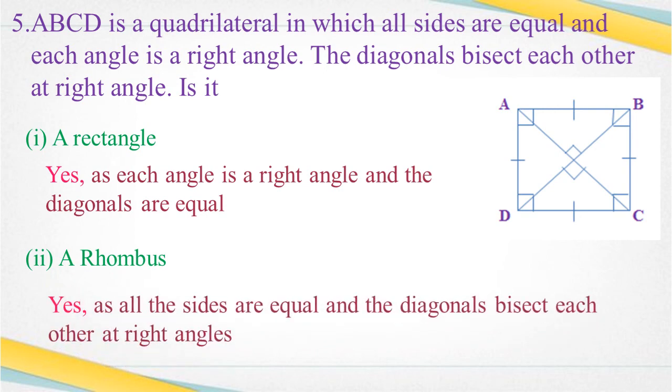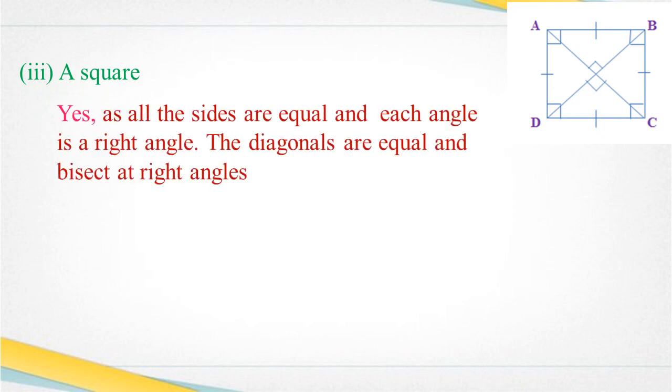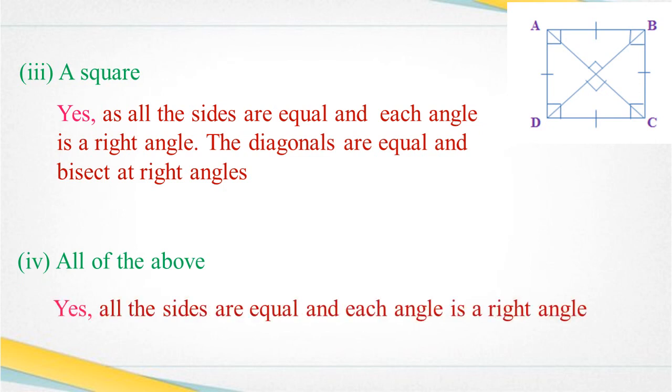Yes, all the sides are equal and the diagonals bisect each other at right angles. Is it a square? Yes, as all the sides are equal and each angle is a right angle, the diagonals are equal and bisect at right angles. Is it all the above? Yes, all the sides are equal and each angle is a right angle.